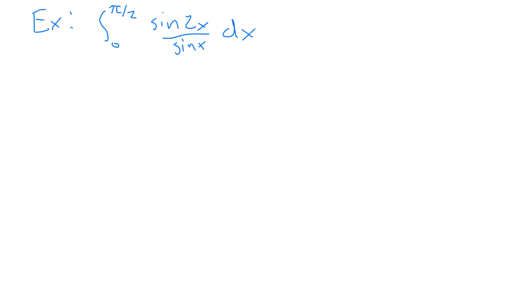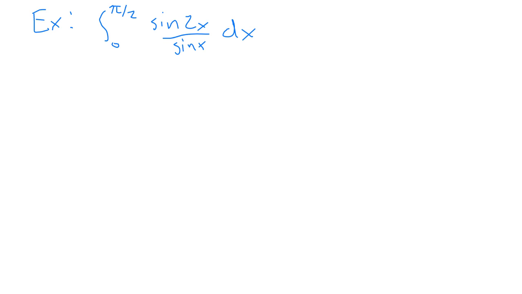All right, so if we take a look at this, we have a sine of 2x over sine of x, and now we can't just simplify that to be like a sine of 2 or something, right? So what we actually need to do first is use trig identities to see if we can make this something a little easier to integrate.